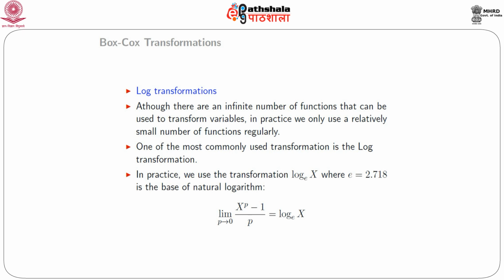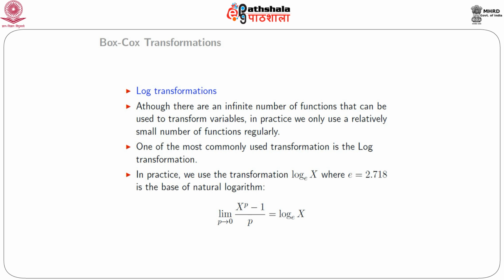Although there are an infinite number of functions that can be used to transform variables, in practice we only use a relatively small number of functions regularly due to the easiness of computation. One of the most commonly used transformations is the log transformation.